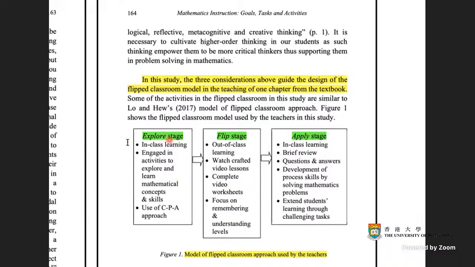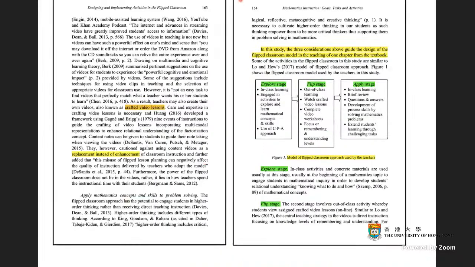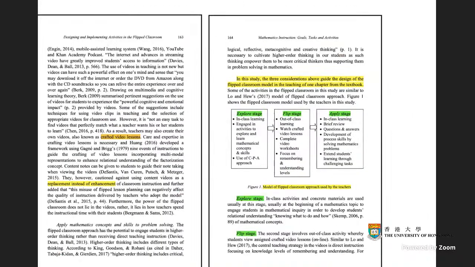Okay, and you can see that they start with some exploratory activity in class, and then the flipped stage is in the middle one, but also with what they call crafted video lessons. And then finally, we come back to the classroom for more advanced and application-type problems. So that is one model within the framework of flipped learning.